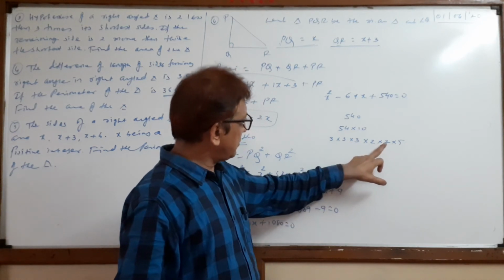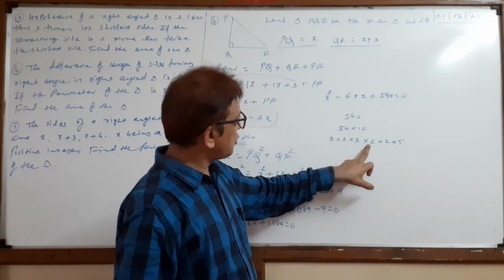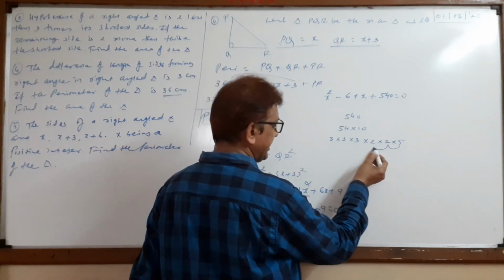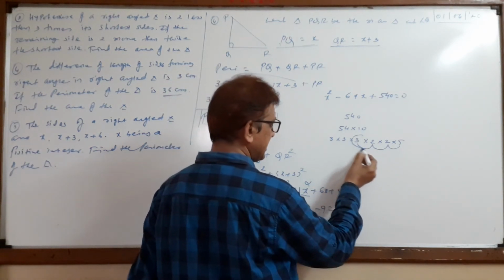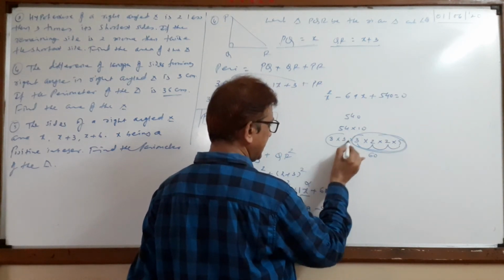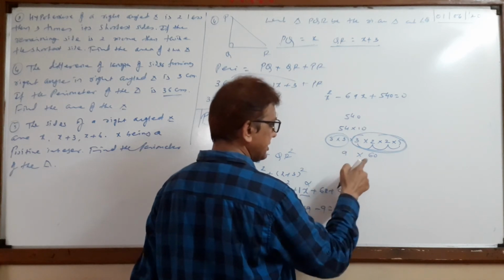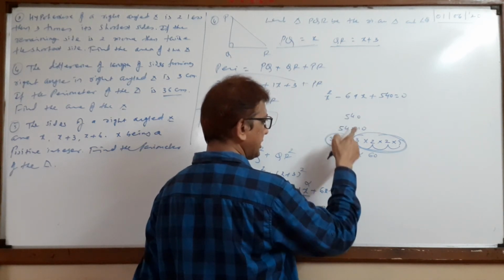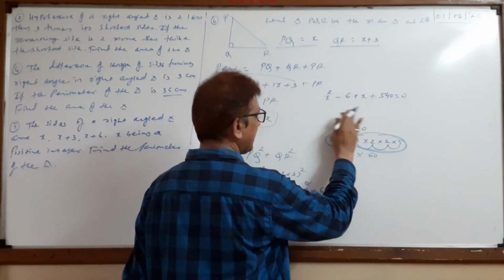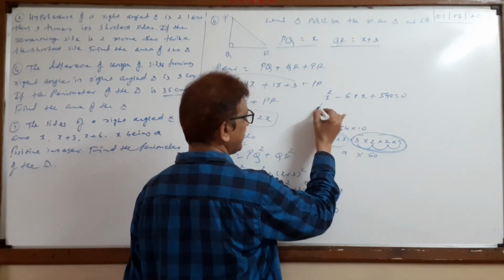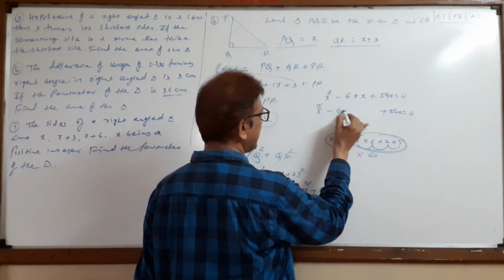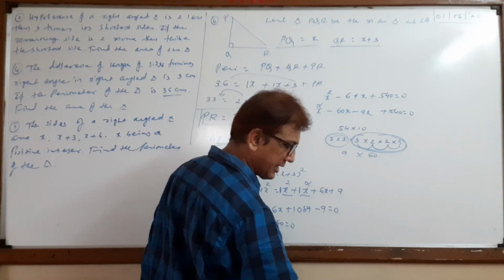And 5 2s are 10, 10 2s are 20, 20 3s are 60, and 3 3s are 9. 60 into 9 is 540, and 60 plus 9 equals 69. So our factorization: x square minus 60x minus 9x plus 540 equals 0.